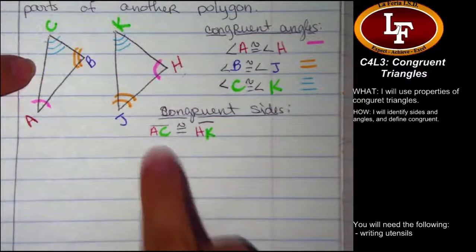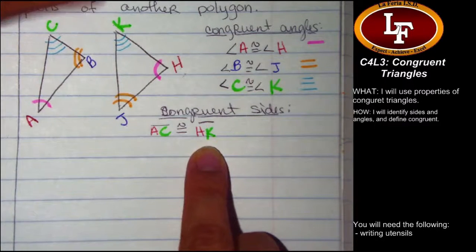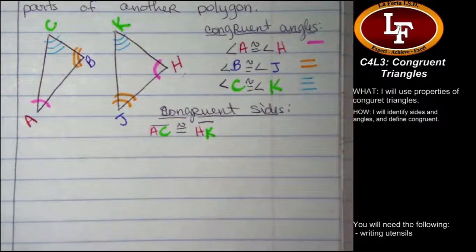So I could have said AC is congruent to KH and it would have been the same thing, but when we get down to writing that the shapes are congruent, the order in which you write the letters becomes super important. Okay? So I want you to go ahead and make that a habit right now when you're writing things are congruent from one shape to another. That if you know that they match up in some way, that you try to maintain that order. Just so that when you get to the very end and you're writing the name of the entire figure, it's easier to handle. Make sense?